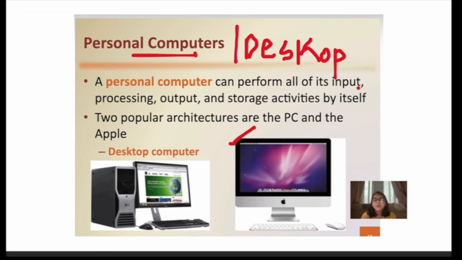Then two popular architectures are PC and Apple. Do you know what is Apple, students? It is Mac. It is talking about Mac software, and here you can see Windows. So this is known as PC, personal computer or desktop computer, and this is known as Apple computer.